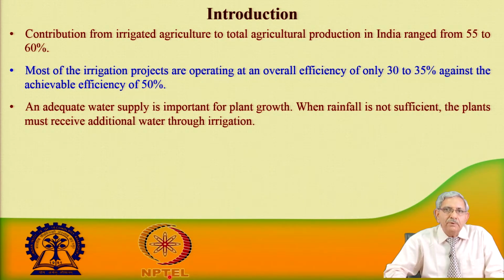And as far as studies say, the overall efficiency of existing irrigation projects, the application efficiency, irrigation efficiency of these projects, ranges from 30 to 35%, whereas the ideal projects have reported that we can achieve irrigation efficiency up to 50%.